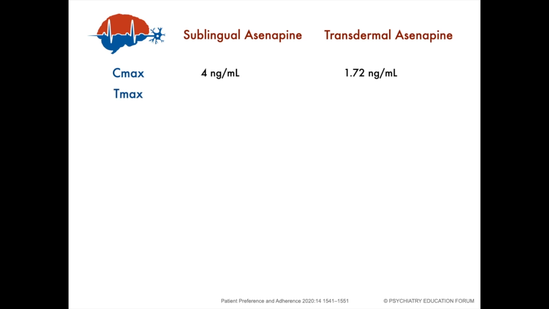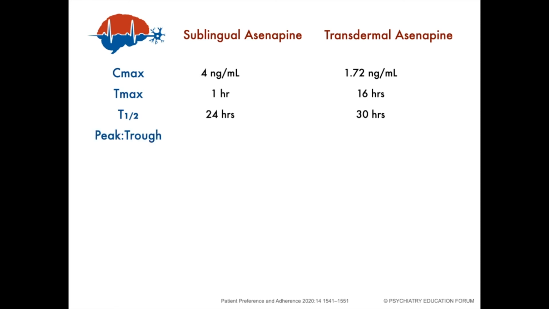The next is Tmax, which is the time it takes to reach the Cmax that we just talked about. I think this is a very important difference, and you will see this now. Sublingual Asenapine is 1 hour, whereas for transdermal Asenapine, it's 16 hours. Very evident difference. The T half, which is the elimination half-life, is 24 hours for sublingual and 30 hours for transdermal.